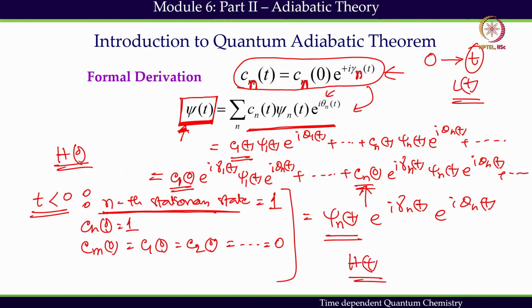That means the energy state will be defined by this time, but the wave function accumulates two different phases. This theta n is called the dynamical phase, and this gamma n is called the geometric phase. We will look at the meaning of these different phases in the next class.